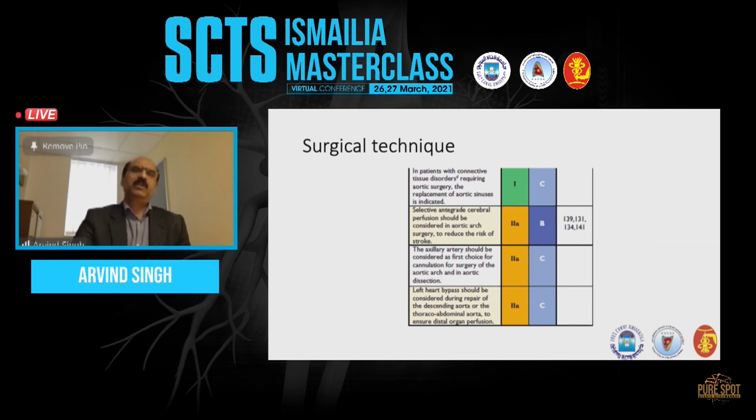And it's the upper limb arteries which have now quite regularly become the site of cannulation as far as cardiopulmonary bypass is concerned. Obviously that helps us to give antegrade cerebral perfusion to the brain during the circulatory arrest. And there's a mention of using left heart bypass whenever you're operating on the descending thoracic aorta.